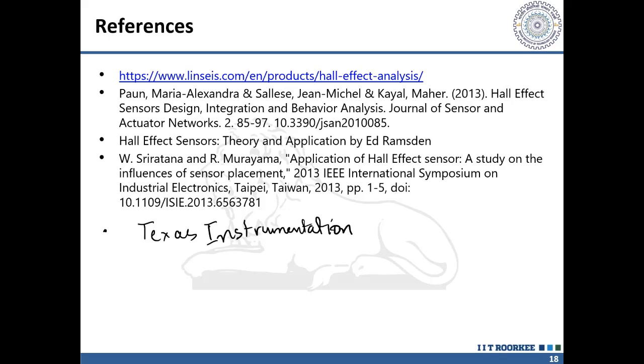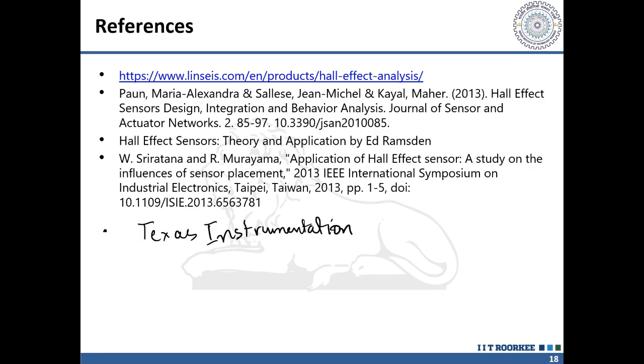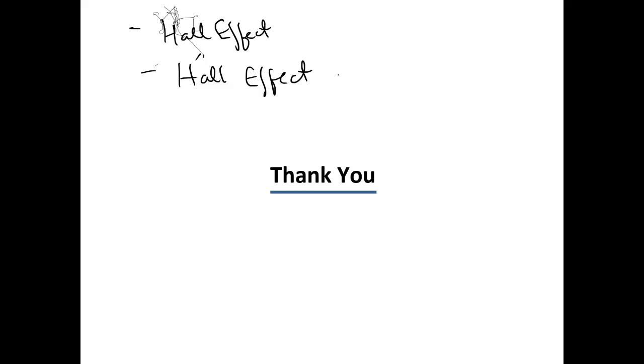Before I end the presentation, I would like to give a summary of what we covered. We checked out the Hall effect and how it works. We saw the Hall effect as the working principle of Hall effect sensors.